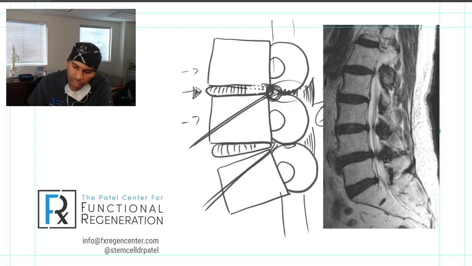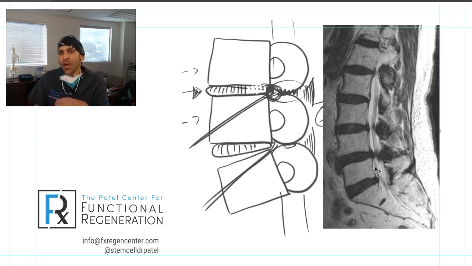I also inject directly into this ligament here that is getting looser and that is kinking down. I inject into that ligament as well as all the ligament structures that are connected to that, with the attempt to try to strengthen all of that, to try to take some pressure off of the nerves back here.